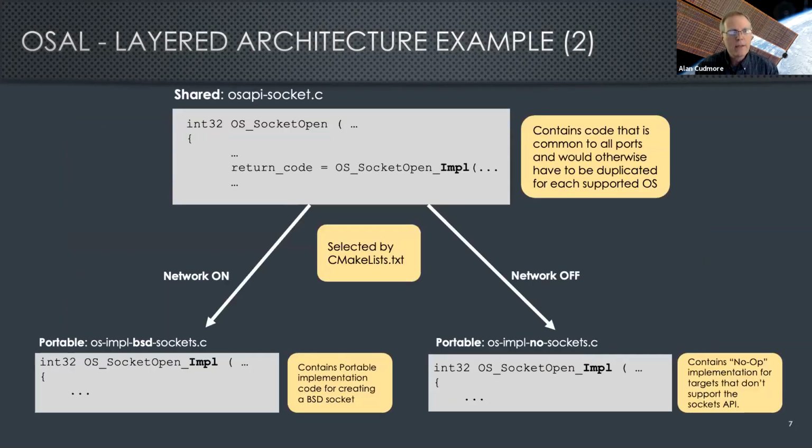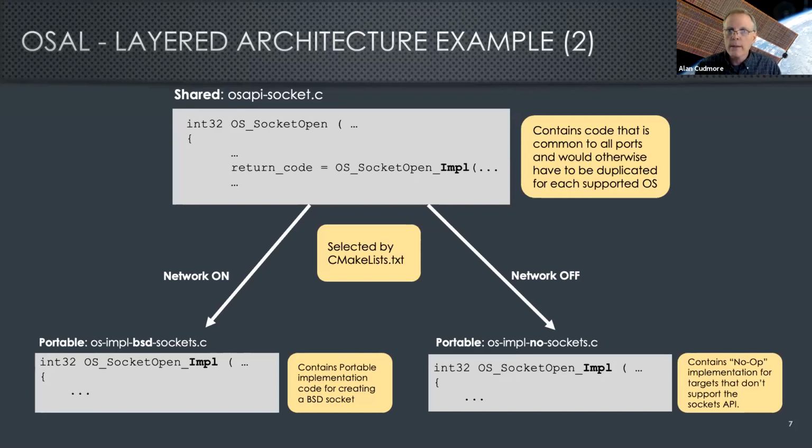This is a second example of the OSAL layered architecture, and it highlights the use of portable implementation modules. In this case, we have the OS socket open call at the top, which again is in the shared high-level API. The difference in this example is in the implementation. We currently have two different implementation files for this API. One is for the standard BSD sockets on the left, which is portable to a number of different operating systems, actually all three at the moment.